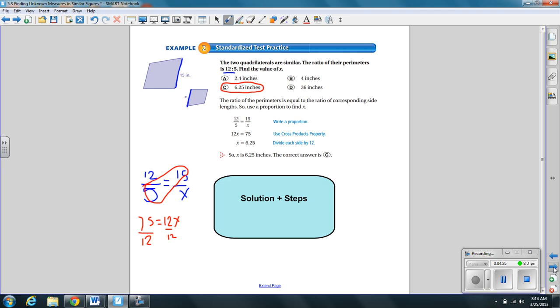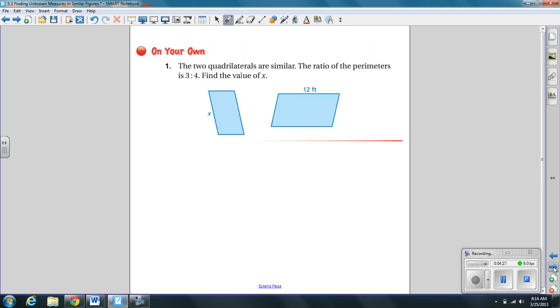Okay, let's take a look at the next example. We have two quadrilaterals with the ratio of their perimeters is 3 to 4. Again, remember the 3 goes to the first figure, the 4 represents the second figure.